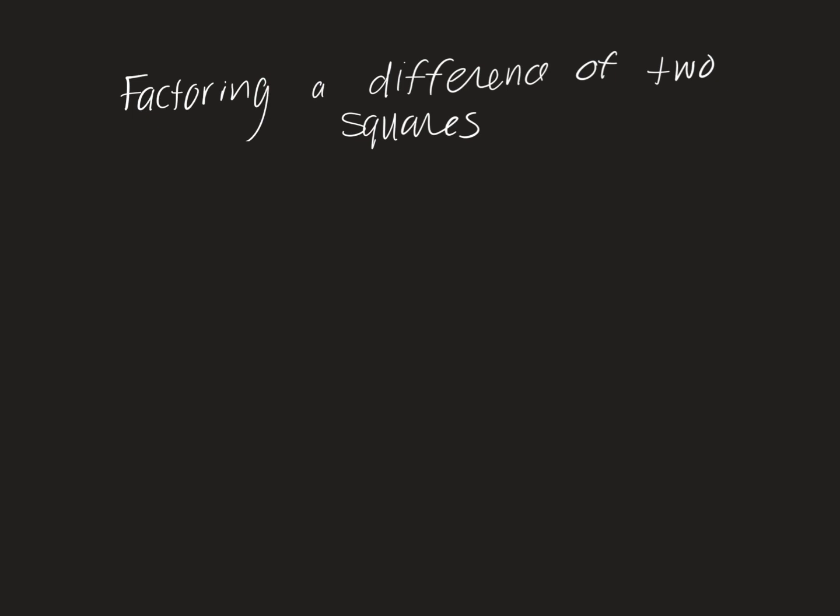This is one of those that only works for certain things. In order to use this one, you have to be able to evenly take the square root of both terms. So let's say we're trying to factor 16x squared minus 81. Is there a common factor we could pull out of these?